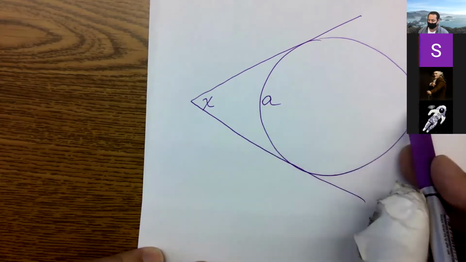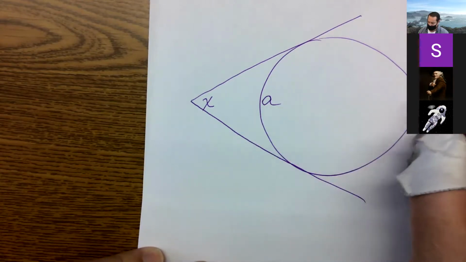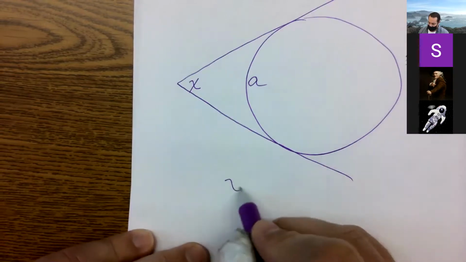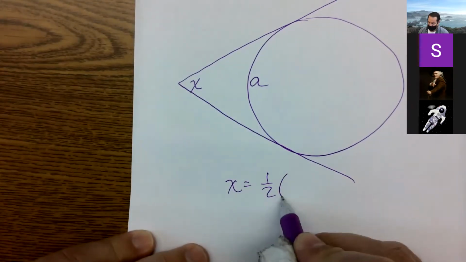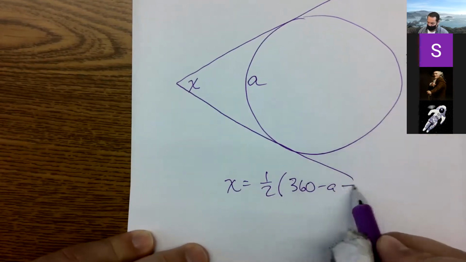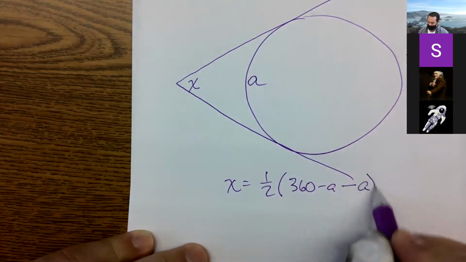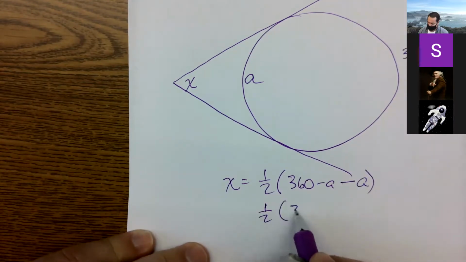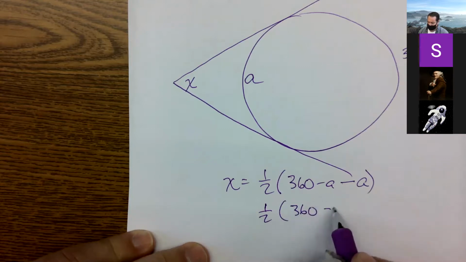If this is A, this is good, 360 minus A. And then I could say that X is equal to 1/2 of 360 minus A, the big arc, minus A, the little arc. Just clean that up a little bit. 360 minus A minus A is like 360 minus 2A.